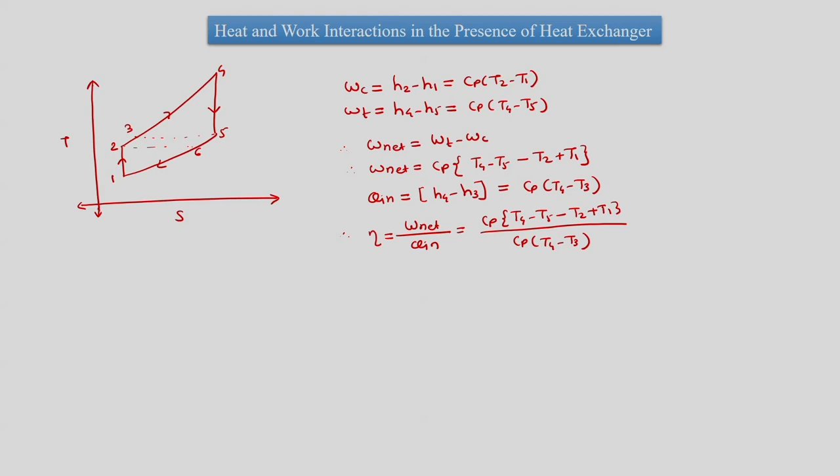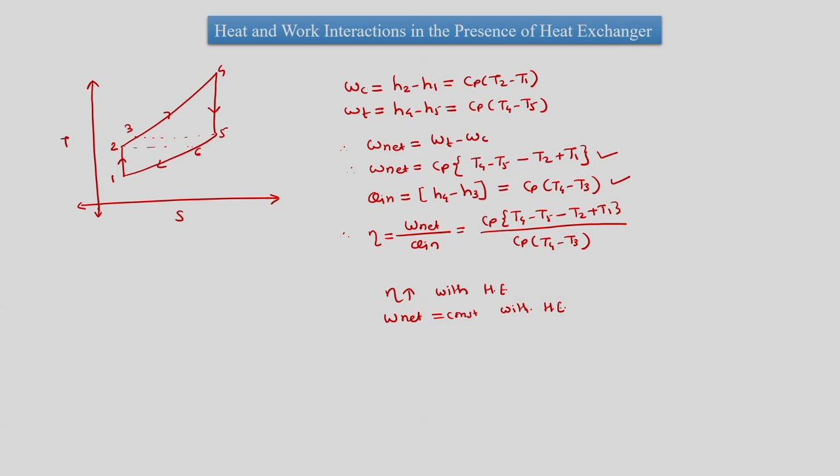So this Qin has decreased in the presence of heat exchanger, W net has not altered. So efficiency increases with attachment of heat exchanger, but W net remains the same. This is the outcome of this interaction.